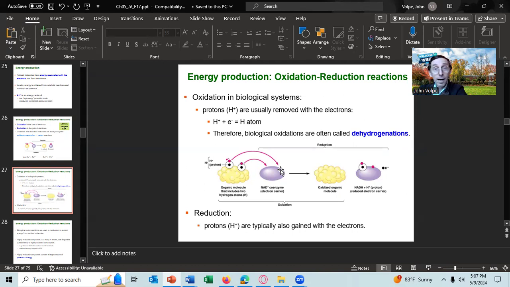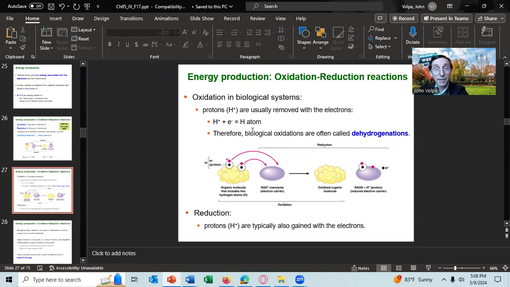All right. Oxidation reduction reactions in biological systems. Oxidation usually has the proton removed with the electron, and the proton follows the electrons. Remember, a hydrogen atom is composed of an H plus ion, or a proton, plus an electron.